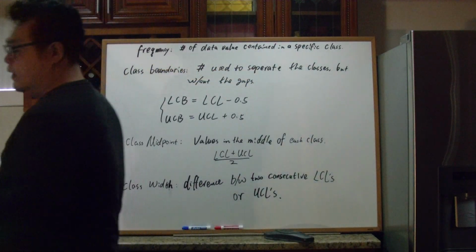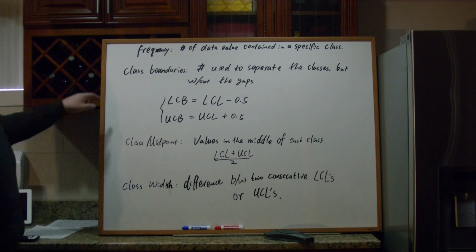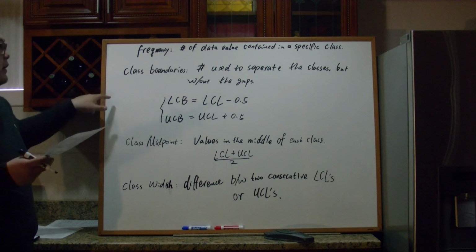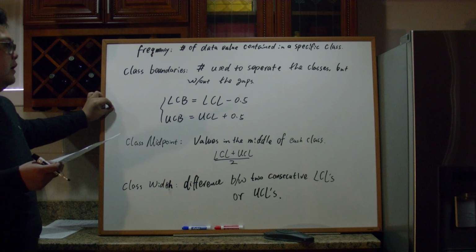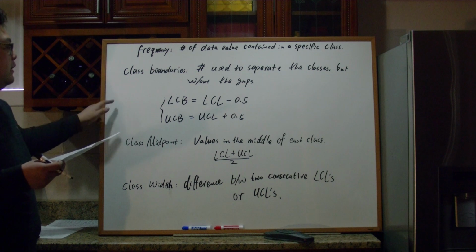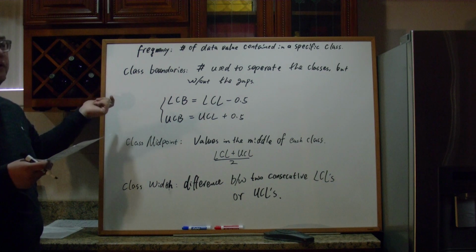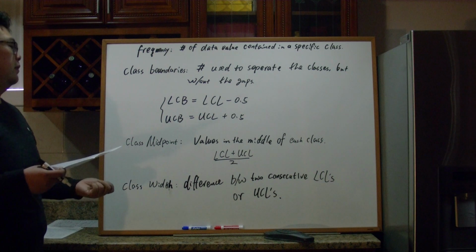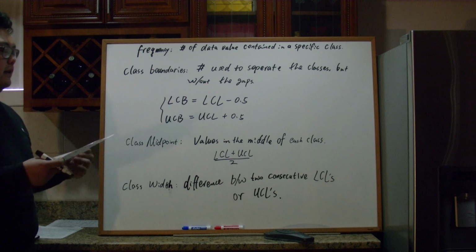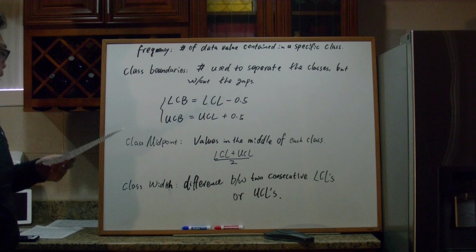Like we had before, 50 to 69, 70 to 89: between 50 and 70 the difference is 20. We can also say between 70 and 90 the difference is 20. Therefore, we get the class width to be 20. It should be fixed for every class, so we have just one way to find the class width.